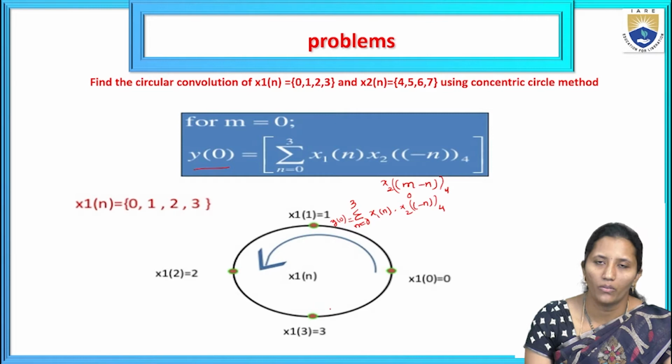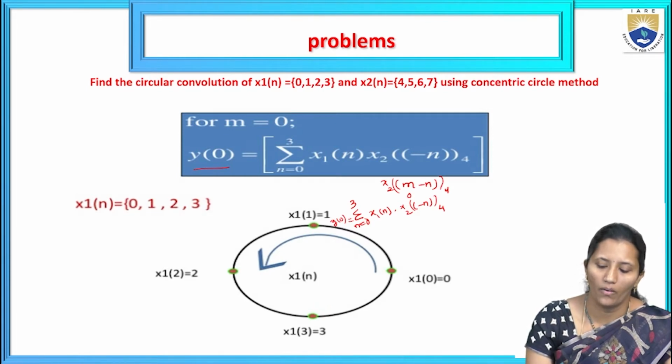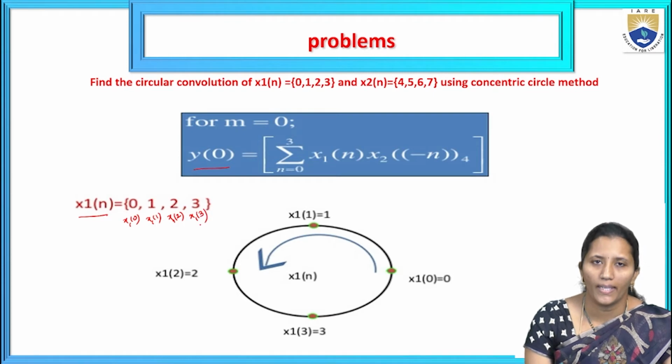The procedure for the concentric circle method is that we have to represent both sequences, x1 of n and x2 of n, on circles. First take the x1 of n series: x1 of 0 sample, x1 of 1 sample, x1 of 2 sample, and x1 of 3 sample. We take one circle and make equidistant points.